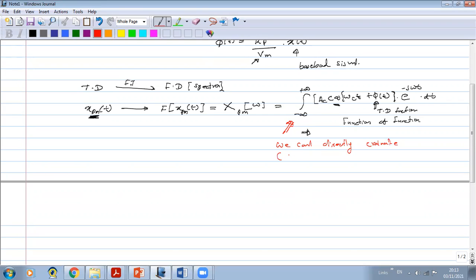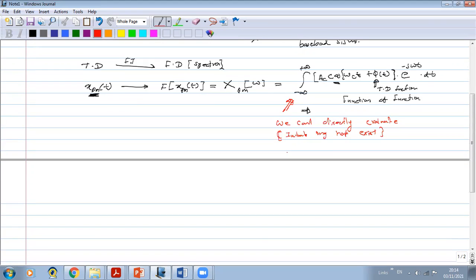Sometimes the integral may not exist, so we couldn't find the frequency domain signal through this process.